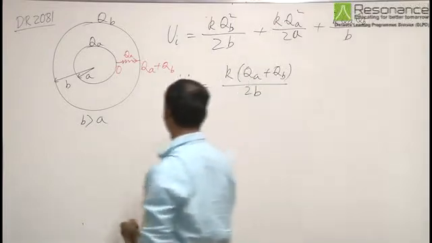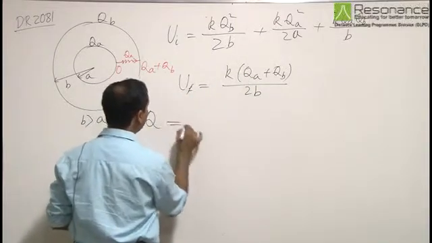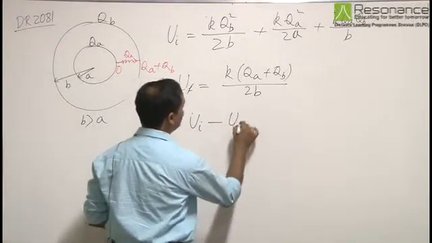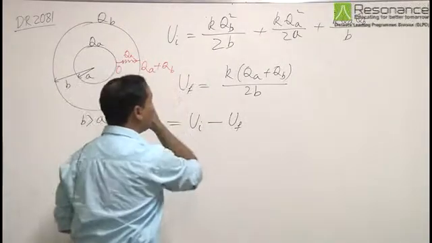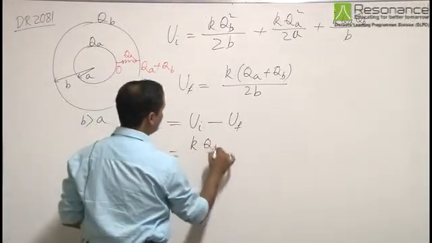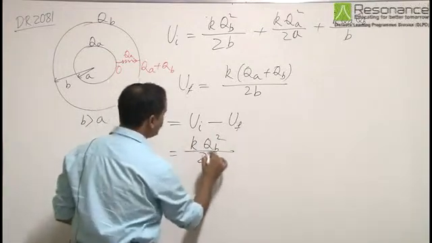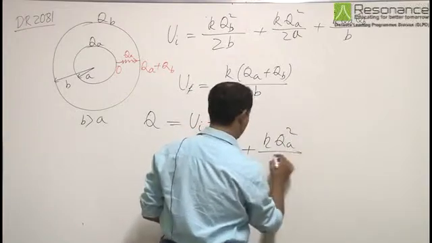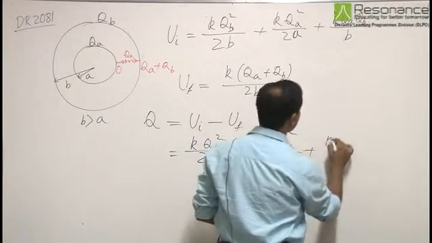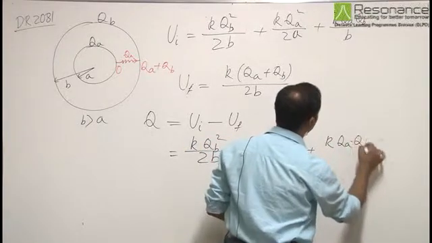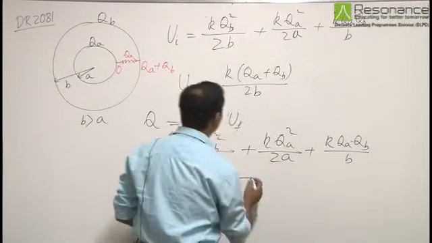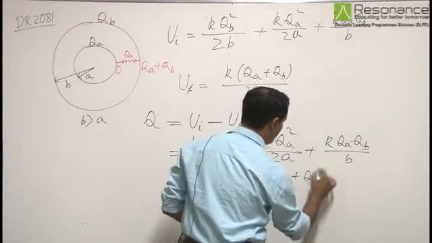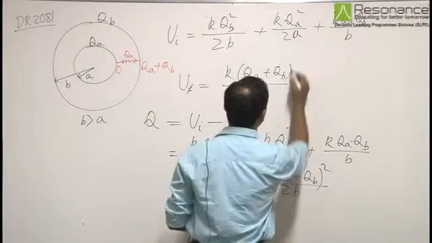So the heat produced, if I write Q as the amount of heat produced, is equal to U initial minus U final. If we put in the values: k qb square by 2b plus k qa square by 2a plus k qa qb by b minus U final, k (qa plus qb) square by 2b.